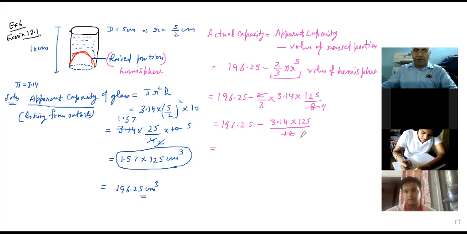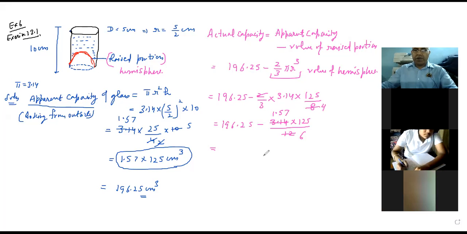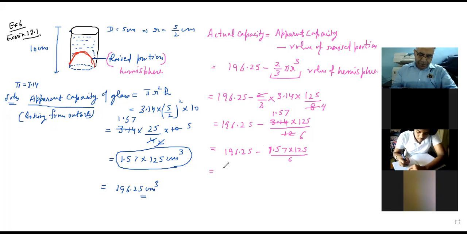So this is 1.57 multiplied by 125 divided by 6.